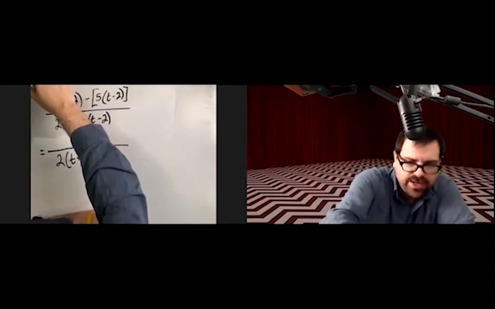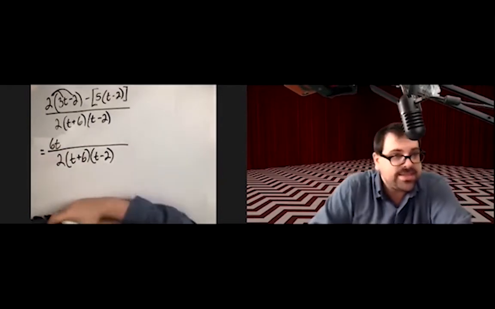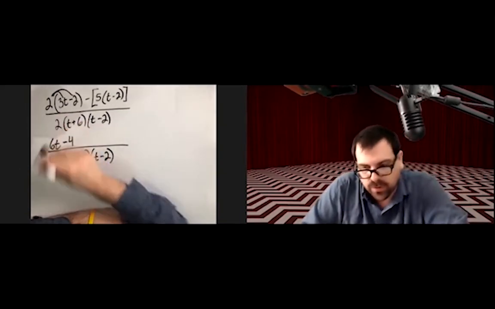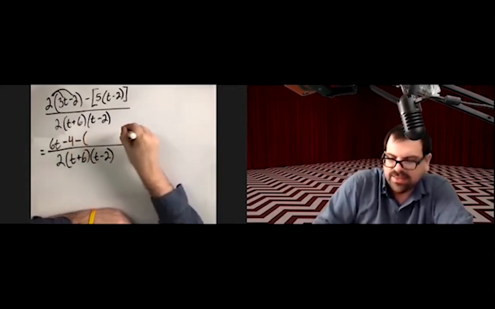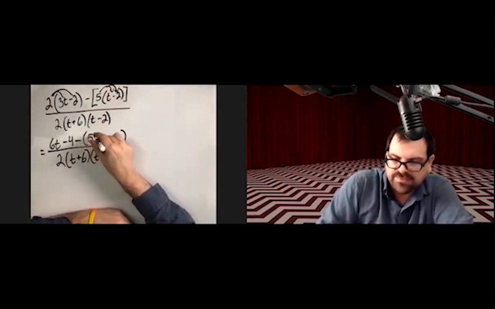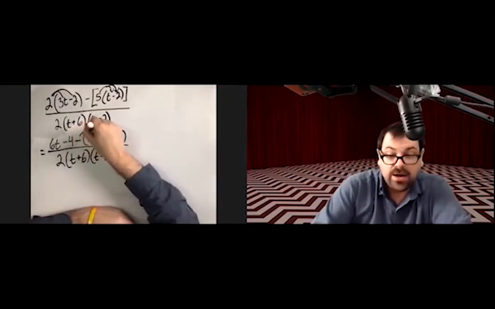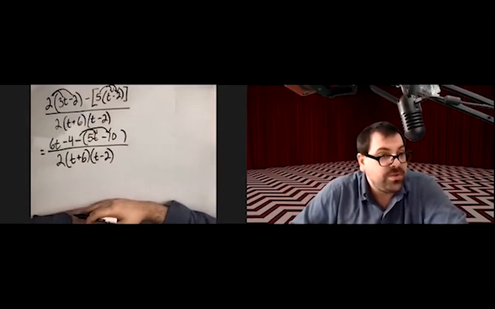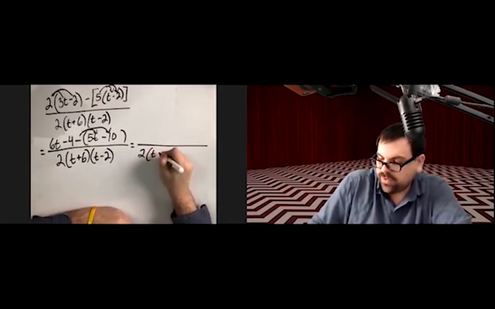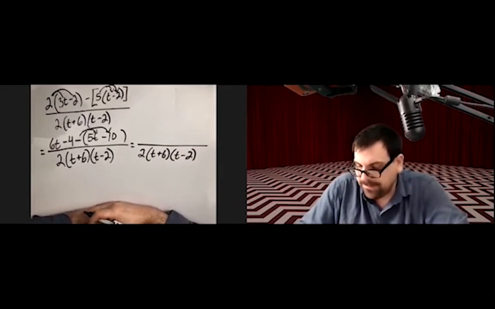On top, distributing the 2. 2 times 3t is 6t. 2 times negative 2 is negative 4. Then we will be subtracting this whole thing. And that whole thing, 5 times t is 5t. 5 times negative 2 is negative 10. Now, we can distribute this negative. We still have 2 times t plus 6 times t minus 2 on the bottom.